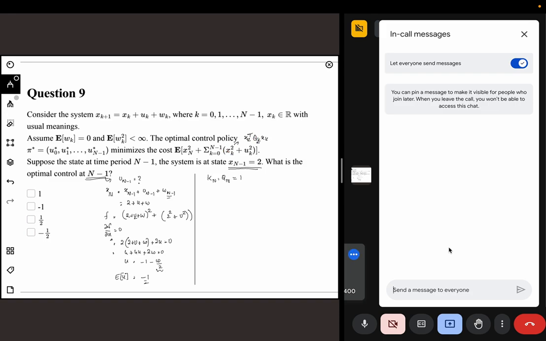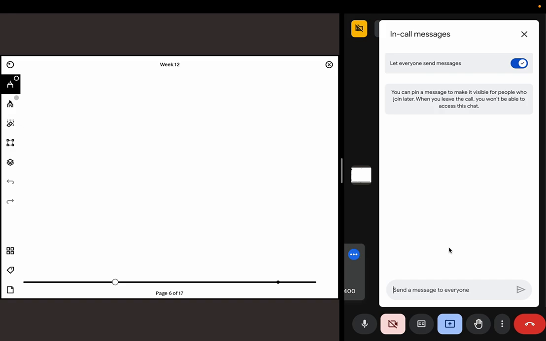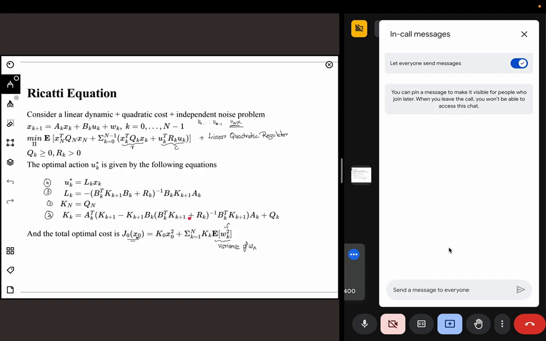Then we have a relation between kn minus 1 and kn, that is, between kk and kk plus 1. If you substitute these terms, ak is basically 1 in our inventory control problem, and bk is 1. So A is 1, B is 1, and all these terms will actually go off.